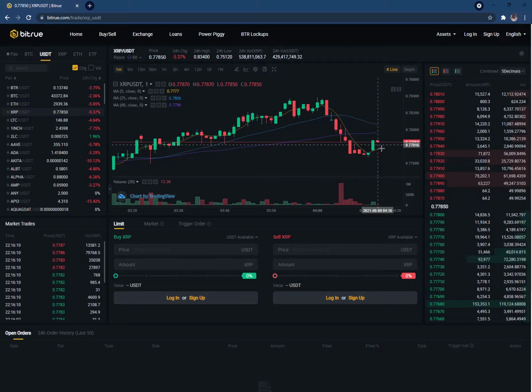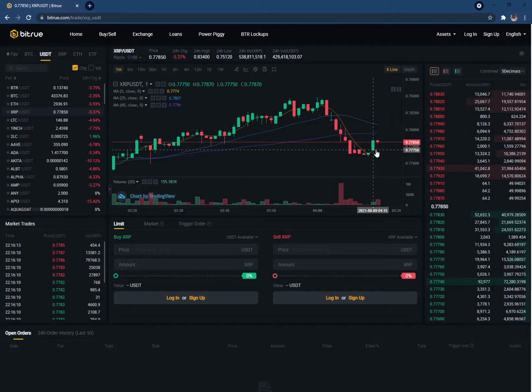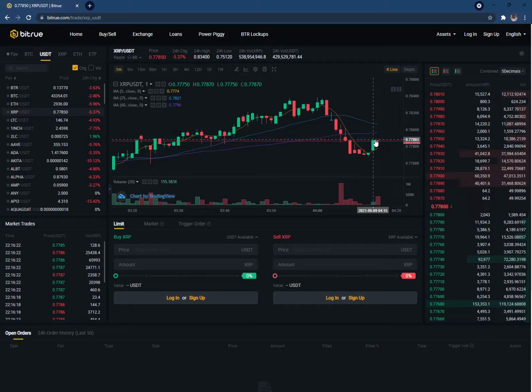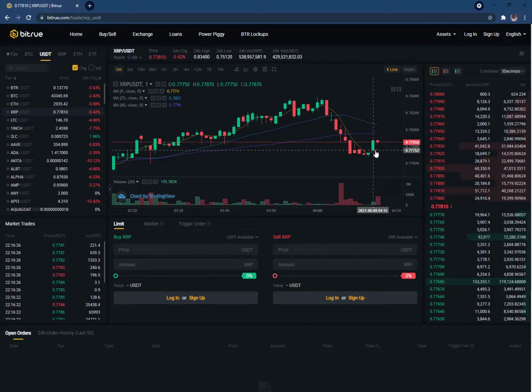And see, there you go. There's no wick on this candle because at no point, I mean, maybe it did for a brief second, but the closing price is above the opening price, and it never got higher than the closing price at some point.